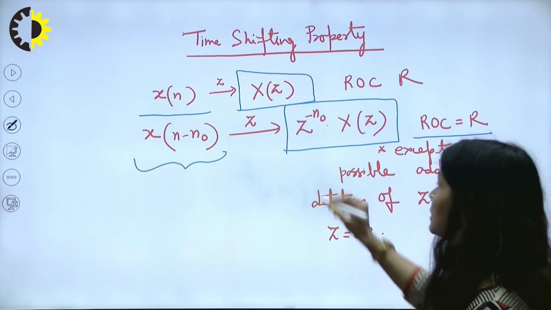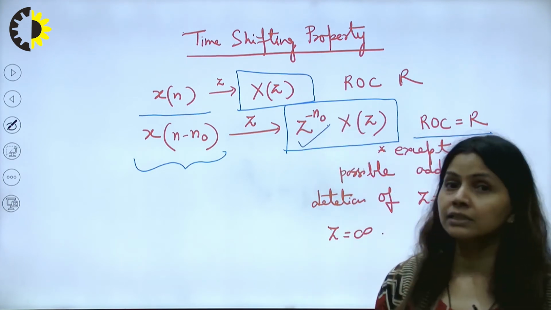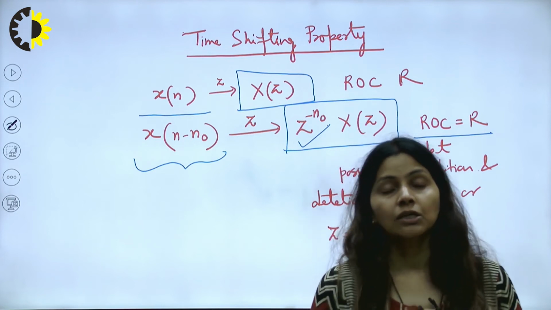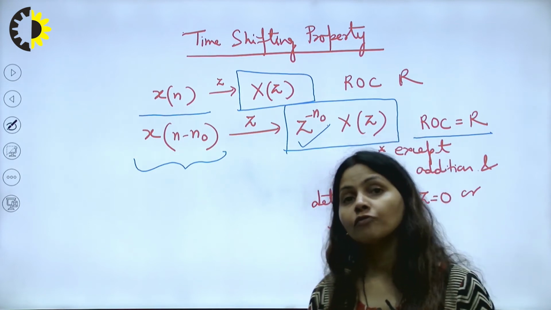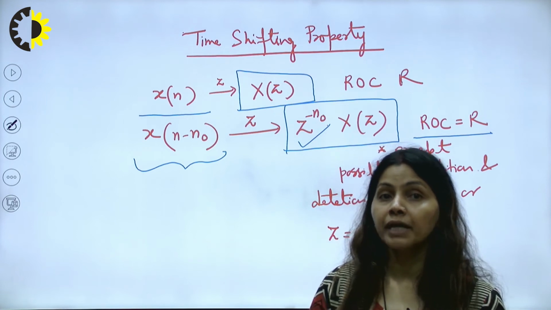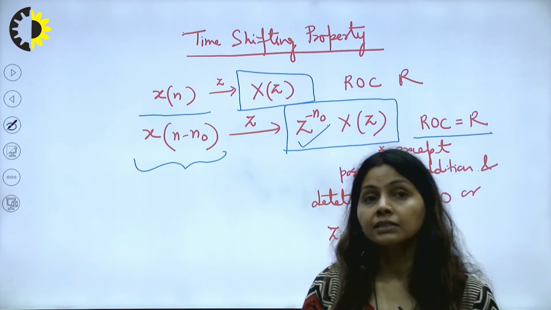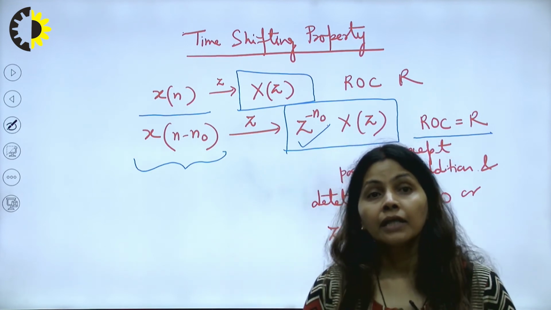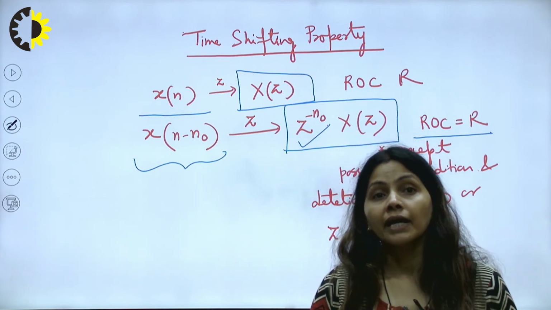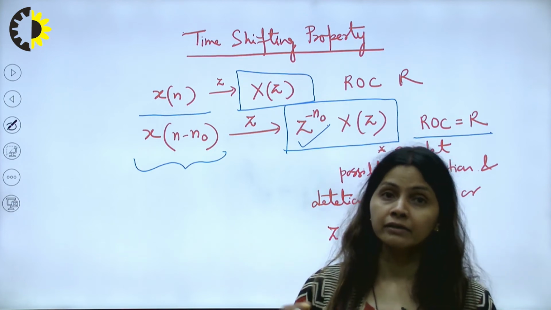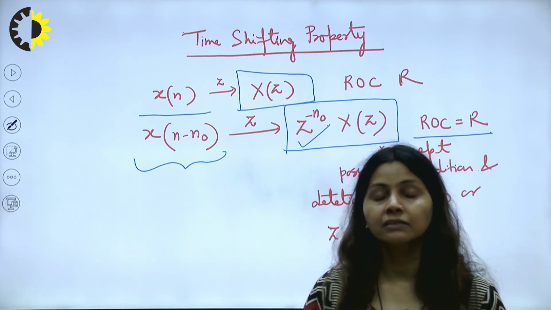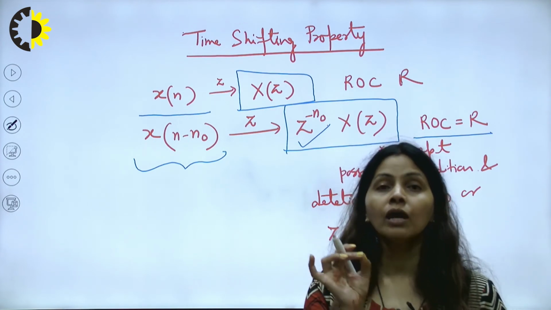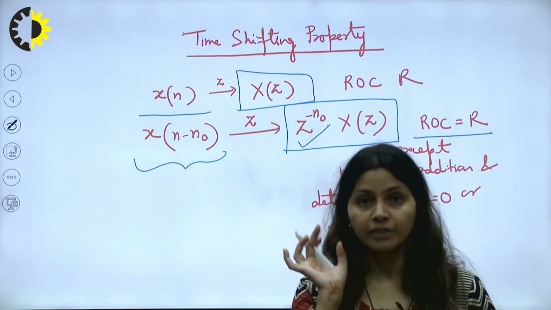Here this is getting multiplied, but in this also we need to take care of the ROC, because when multiplying by this quantity, it is possible that it can add or delete some points, specifically at z equal to 0 and z equal to infinity.